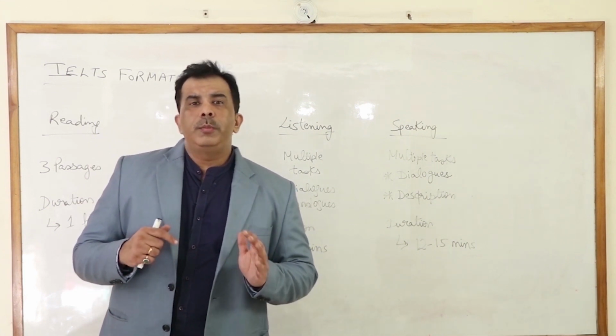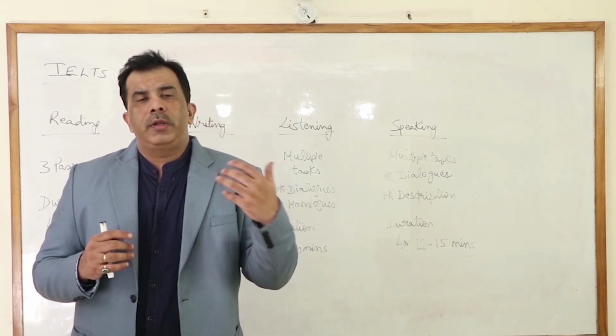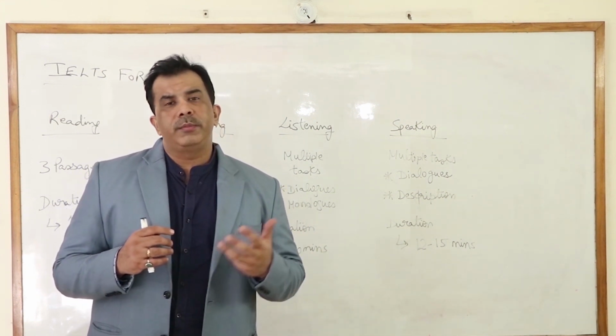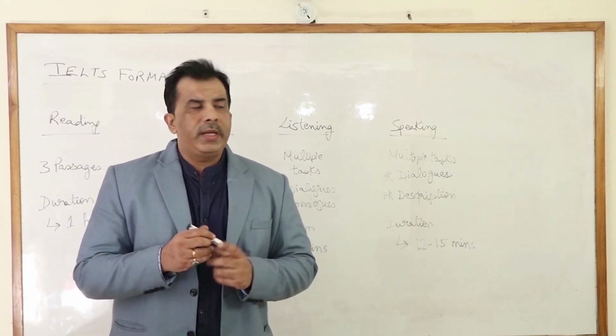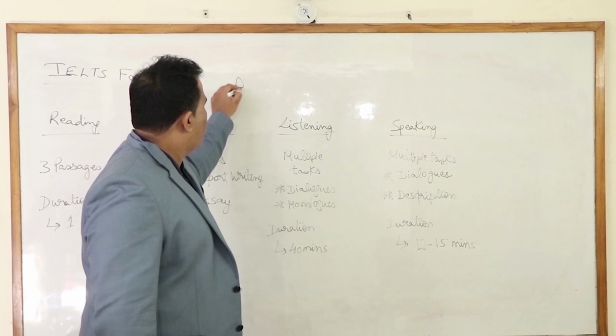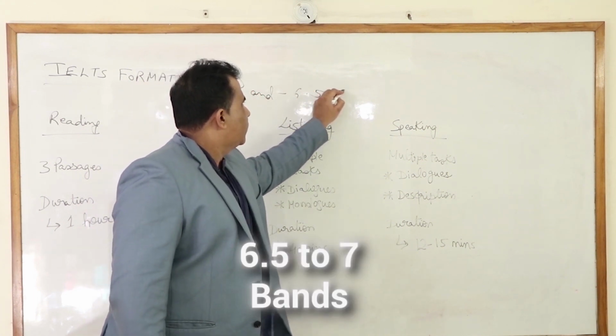So when I talk about a good band, what comes to your mind? Normally, if you are looking for immigration or admissions in Canada, UK or Australia, you should be getting a minimum band of 6.5 to 7.